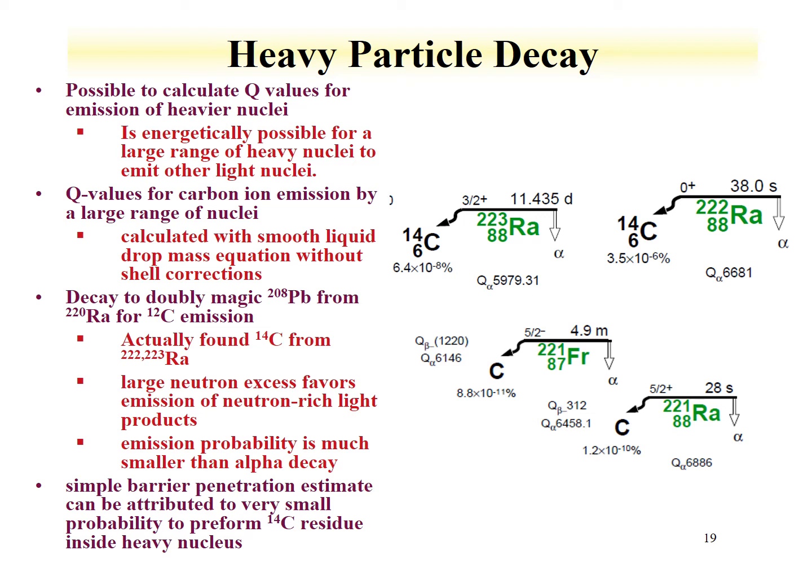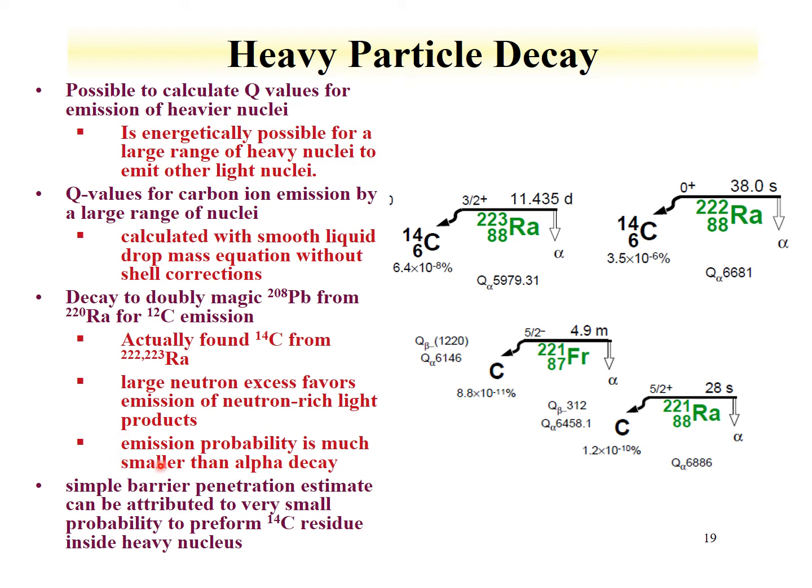Now, by inspection of the table of the isotopes, you can look at radium-222 and radium-223, and you'll see that there's a small branch of carbon-14 emission. The reason for a bit of a neutron excess is that this favors emission of neutron-rich light products.